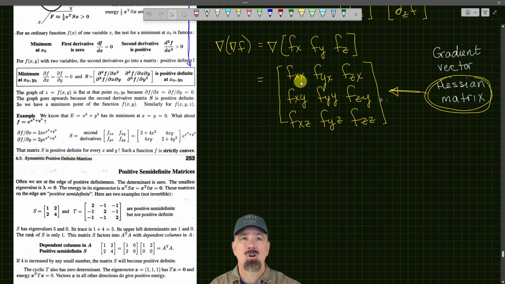We have second partials with respect to x, y, and z along the diagonal, and then the off diagonal are the mixed partials, xy and yx, which Fubini's theorem tells us that as long as f is sufficiently smooth, those two things are equal to each other. And then xz and zx and yz and zy, those are all going to be equal to each other as long as we have a nice enough f function.